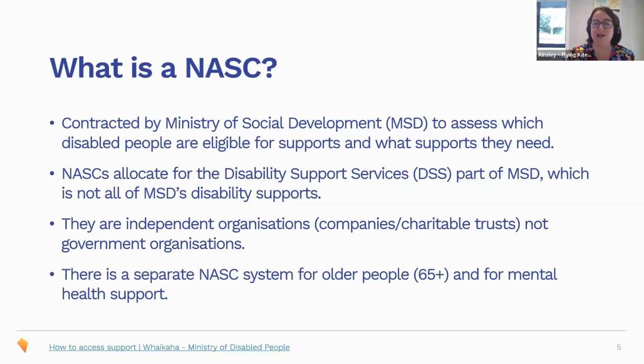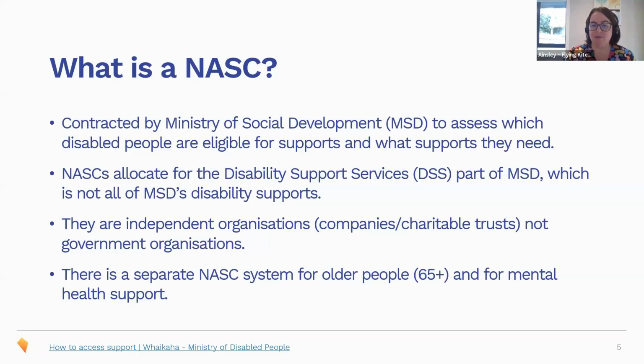But one of the things that's changing next year is that there will be one consistent process and form for needs assessments. We don't know what that looks like yet. They're saying that will give us more consistency across the country, but we haven't seen a template of those new needs assessment processes.